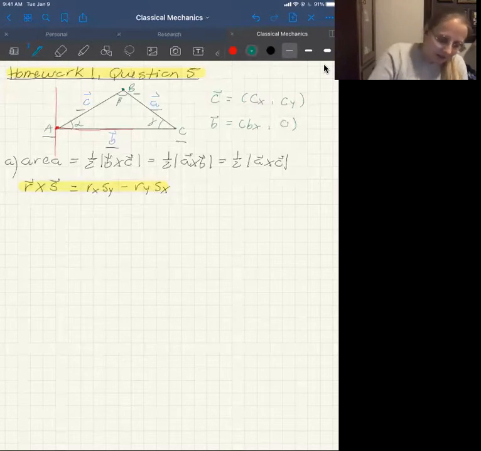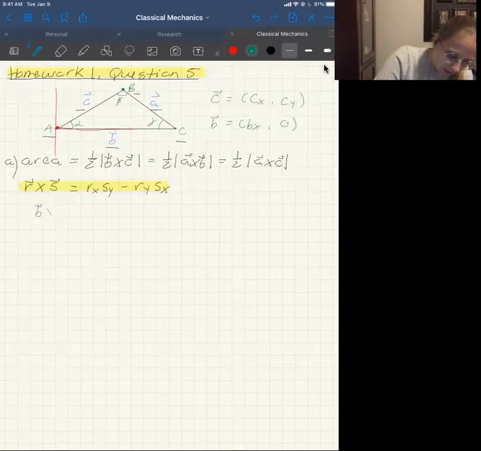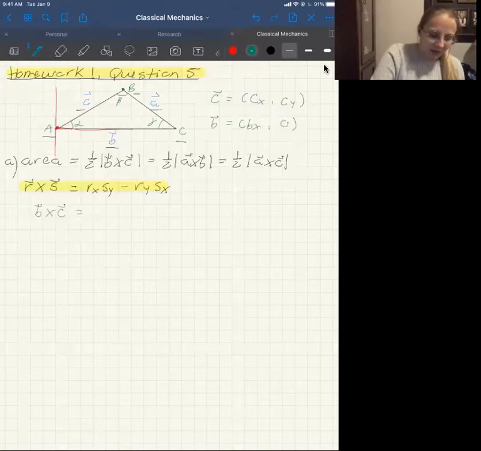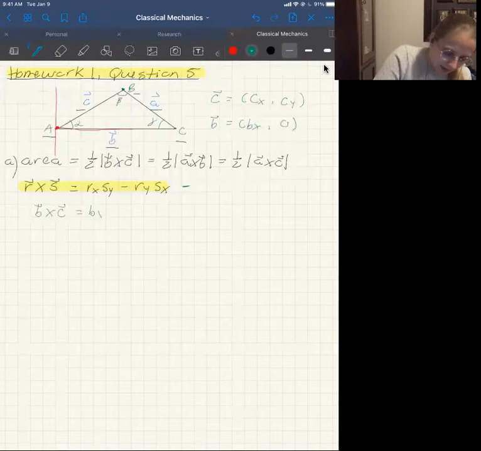So given that, I'm going to say that B cross C is equal to, using this equation here, bx cy minus by cx.